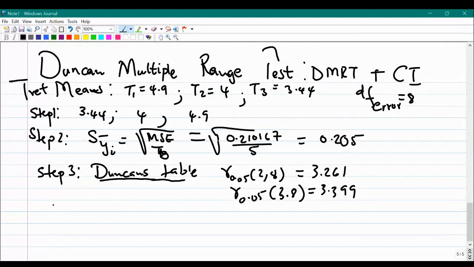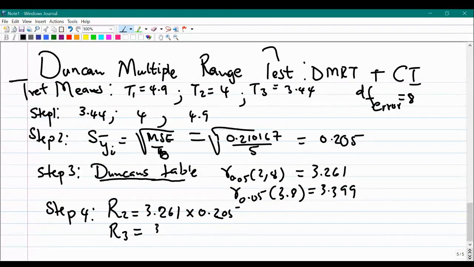So step number 4, you multiply the ranges with the standard error. R2 will be 3.261 multiplied by 0.205, and R3 is 3.399 multiplied by 0.205. What are the answers? 0.6685. The second one?